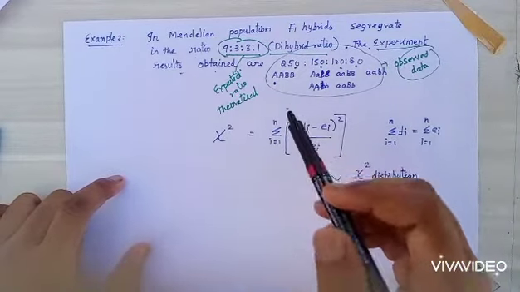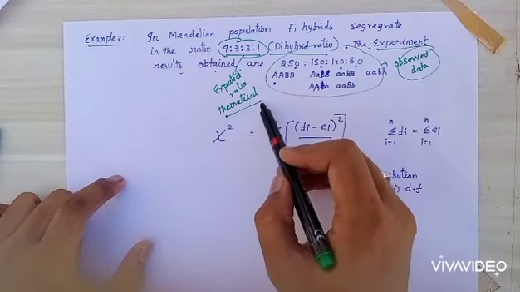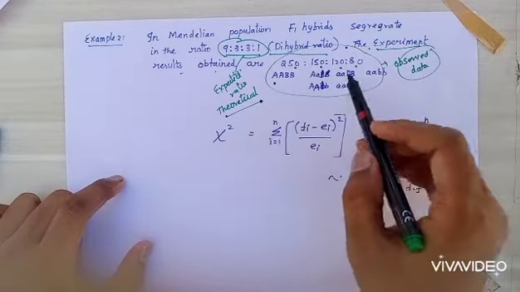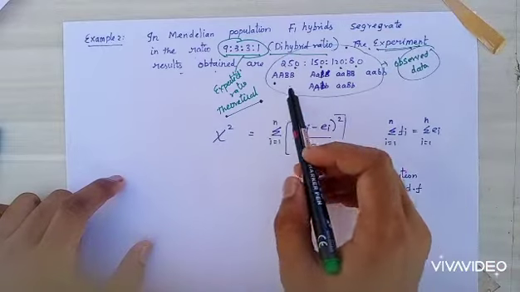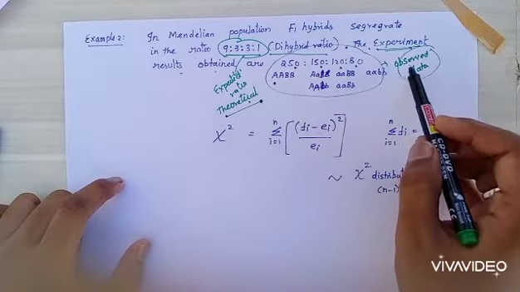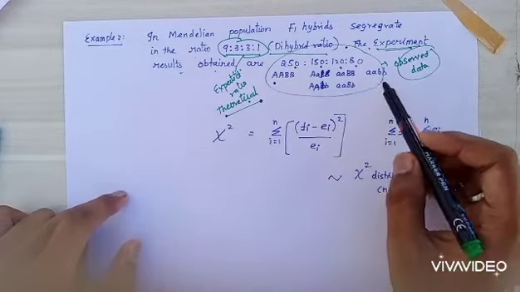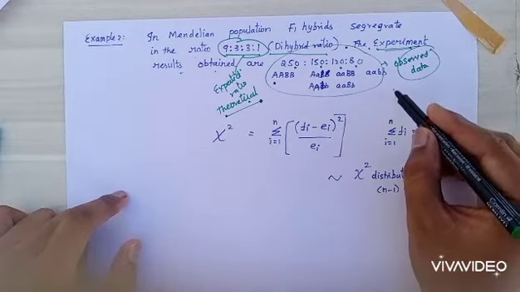So we want to test the theoretical ratio with this experimental data, whether this ratio and this frequency are the same. So this we can test by using goodness of fit.